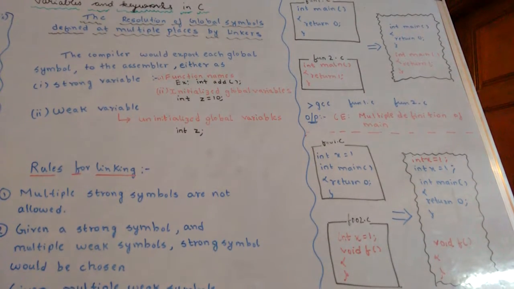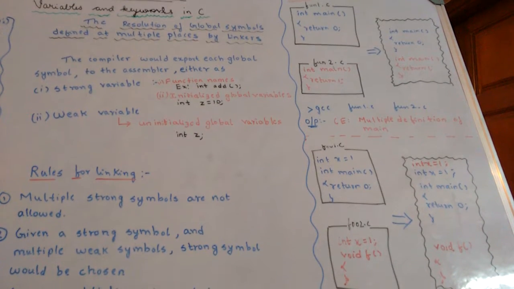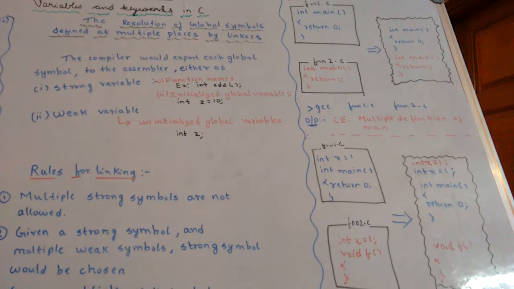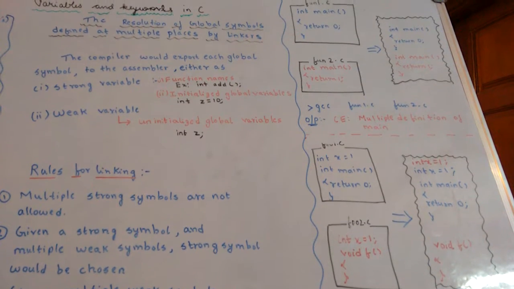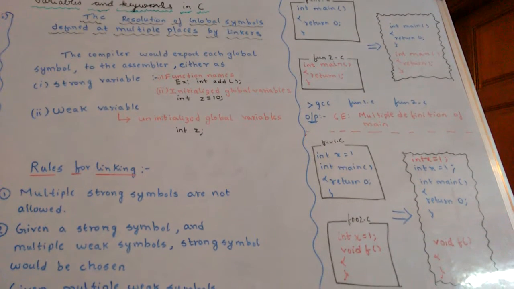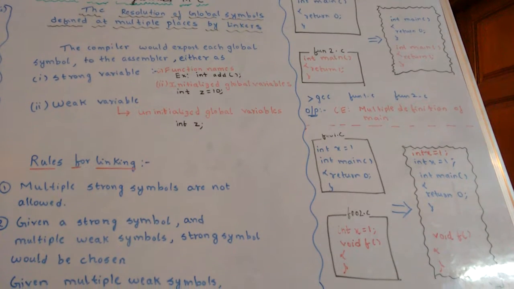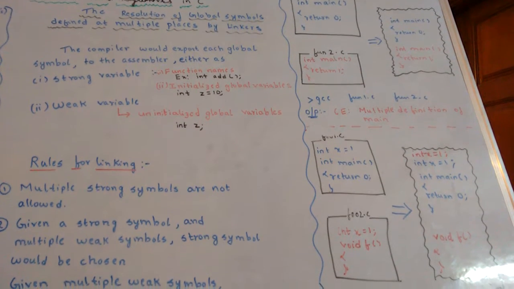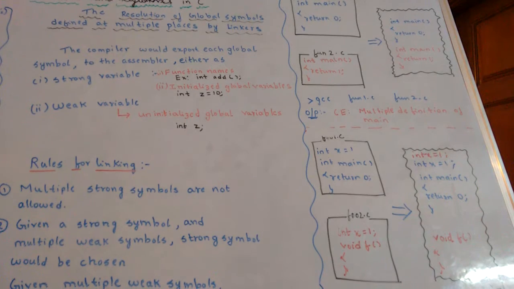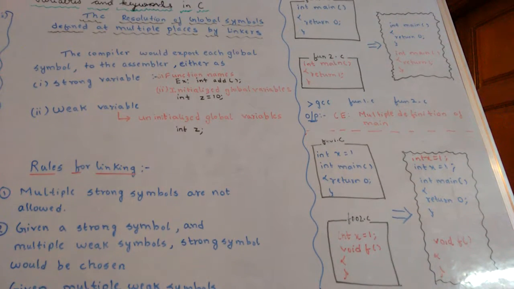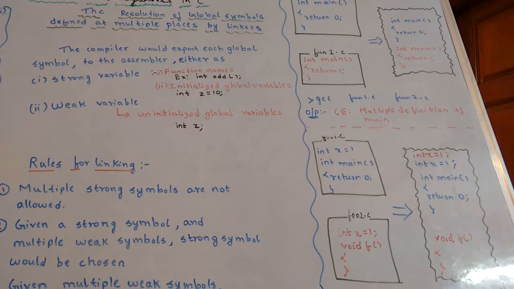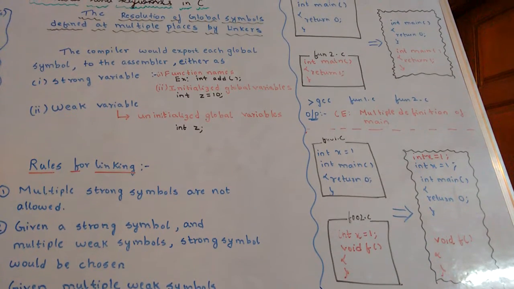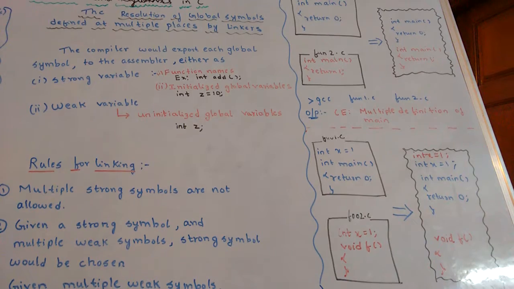It's a global variable and I am initializing a value of 1, which means that is also a strong symbol. And void f, one function is there. That is also strong, f is a strong symbol because it's a function name. Function names are strong symbols, we know that. So when I try to link it, like how I want it, I have written on the right side. I want it to be like that. So I say gcc foo1.c foo2.c.